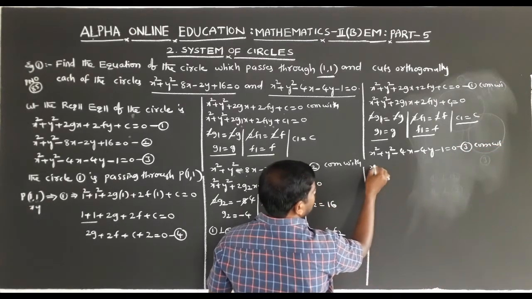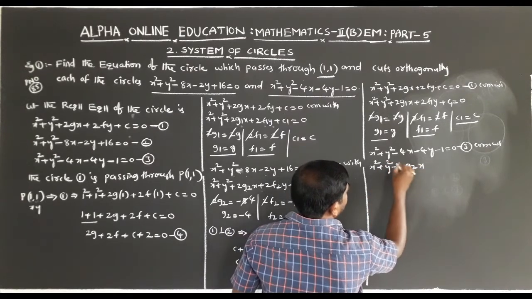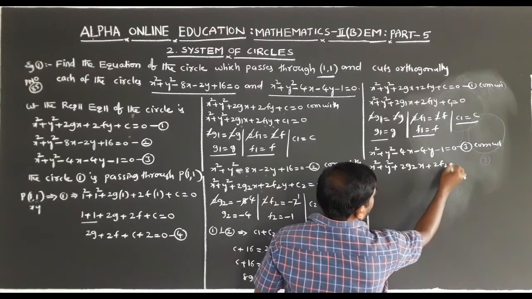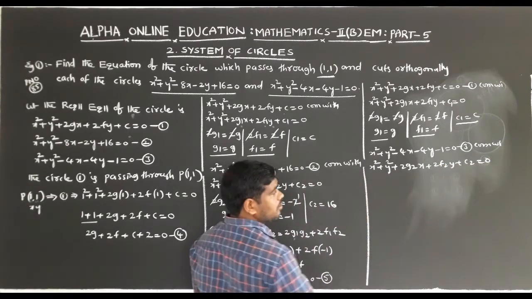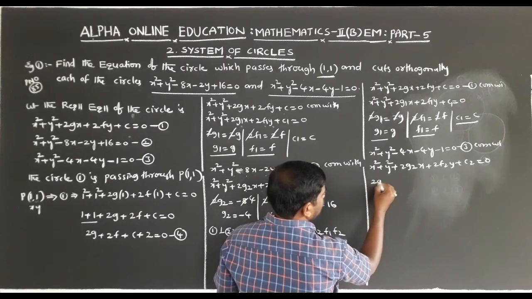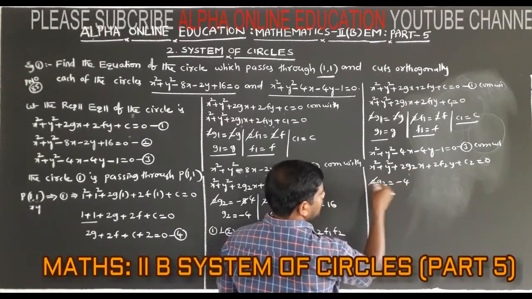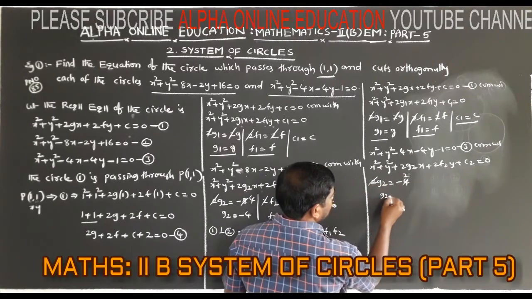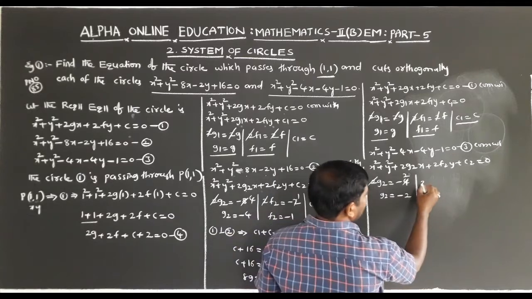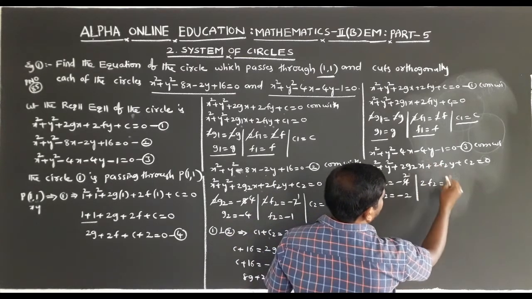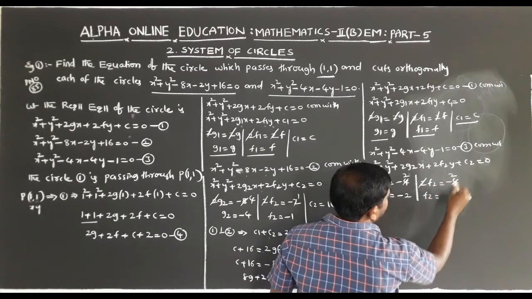Comparing with x square plus y square plus 2g2x plus 2f2y plus c2 is equal to 0: X coefficient 2g2 is equal to minus 4, so g2 is equal to minus 2. Y coefficient 2f2 is equal to minus 4, so f2 is equal to minus 2.